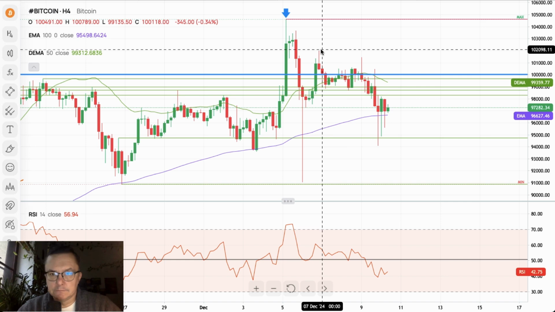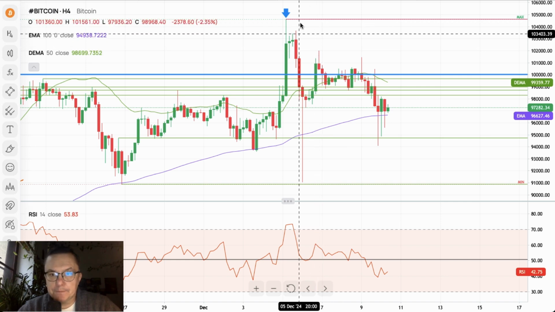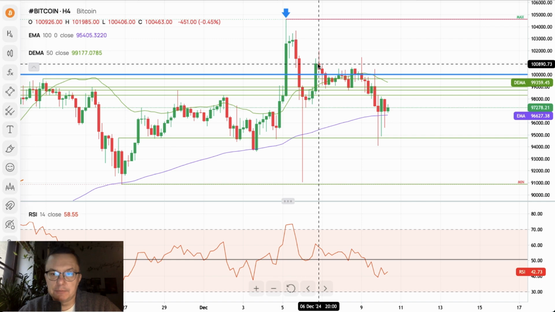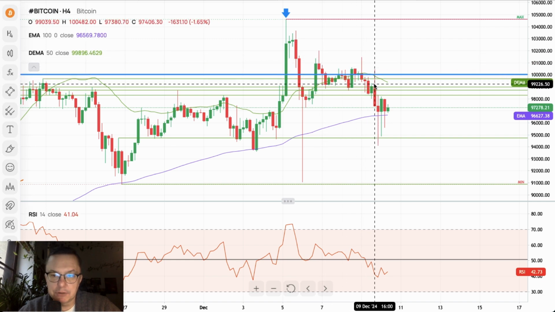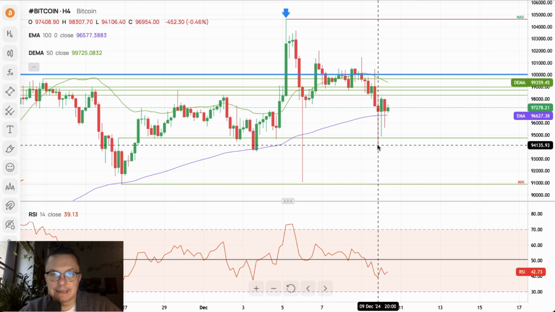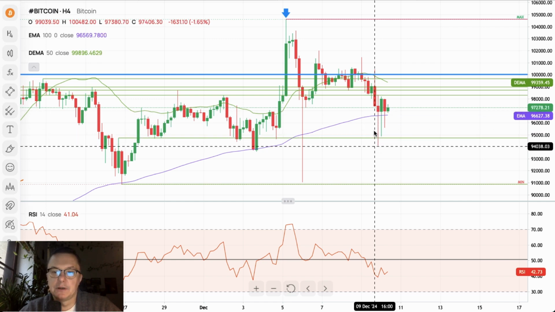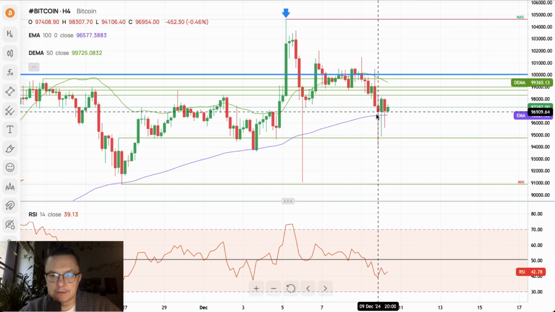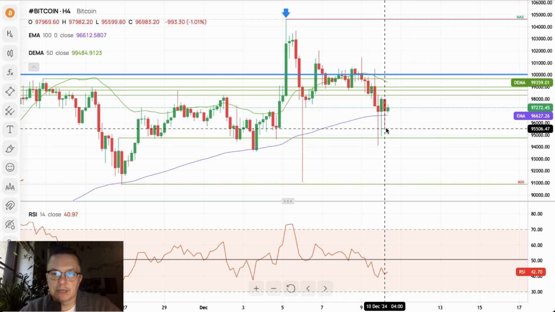And the sequence of long upper shadows, and then we got this movement down toward 94,106, and this is the long down shadow, right? So lower shadow, lower shadow, lower shadow.